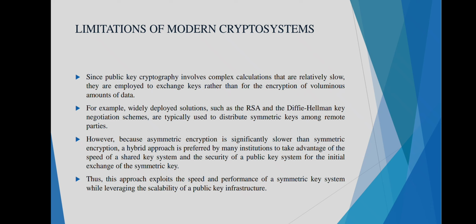However, because asymmetric encryption is significantly slower than symmetric encryption, a hybrid approach is preferred by many institutions to take advantage of the speed of a shared key system and the security of a public key system for the initial exchange of the symmetric key.